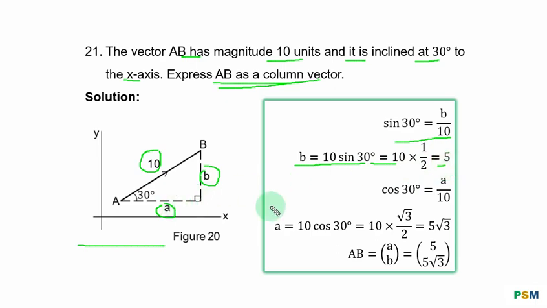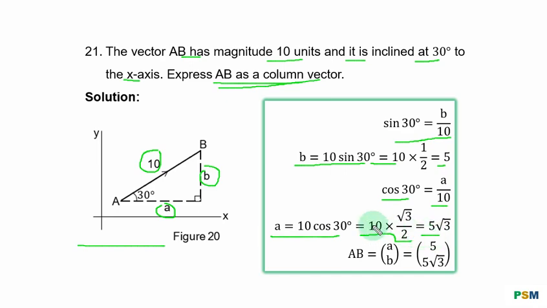To get A, it must be cosine. So you have cos 30 degrees equal to adjacent A over hypotenuse 10. Multiply through by 10 to clear fraction. You have A equal to 10 cos 30 degrees, which is equal to 10 times root 3 over 2, and that is 5 root 3.